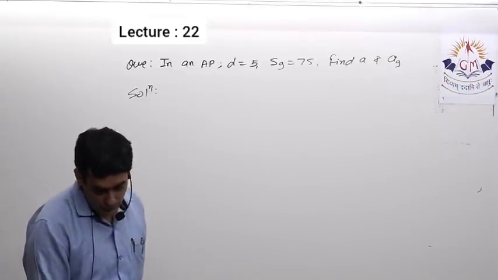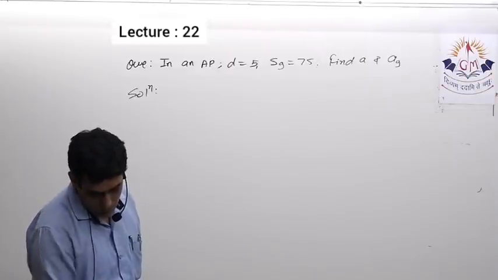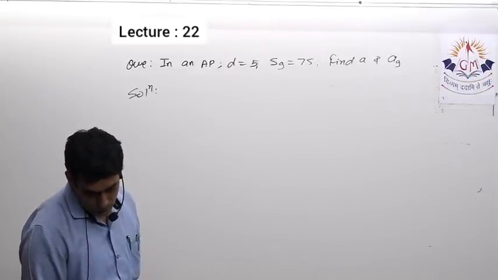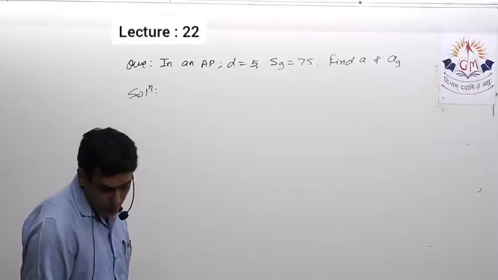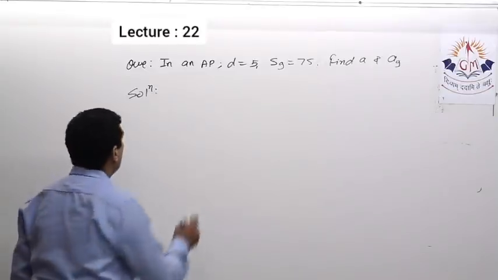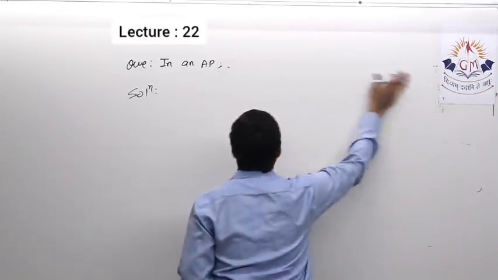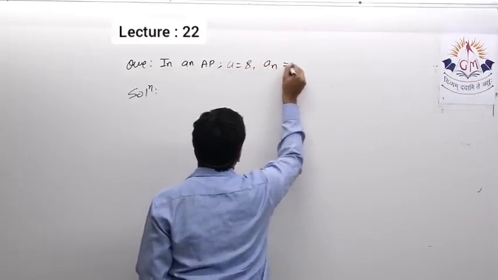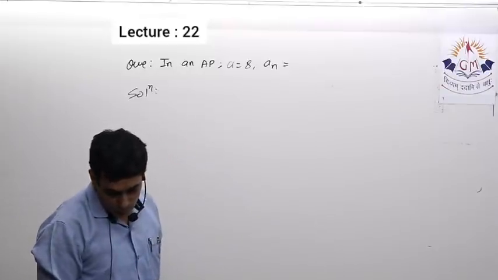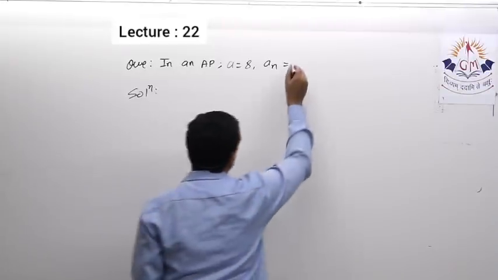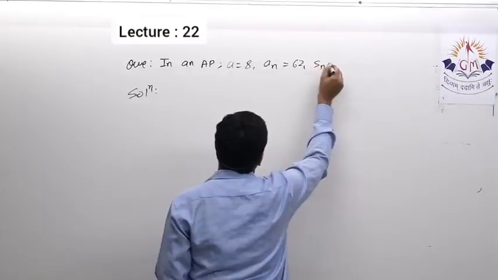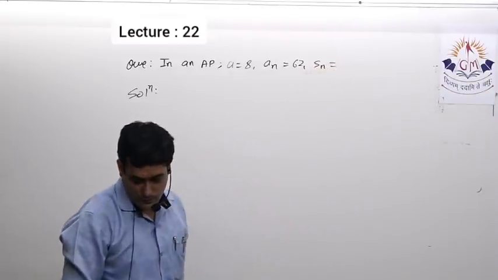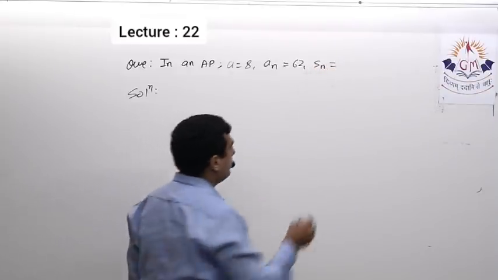Okay, next question is: a is equal to 8 in an AP, a is equal to 8, an is equal to 62, Sn is equal to 210.